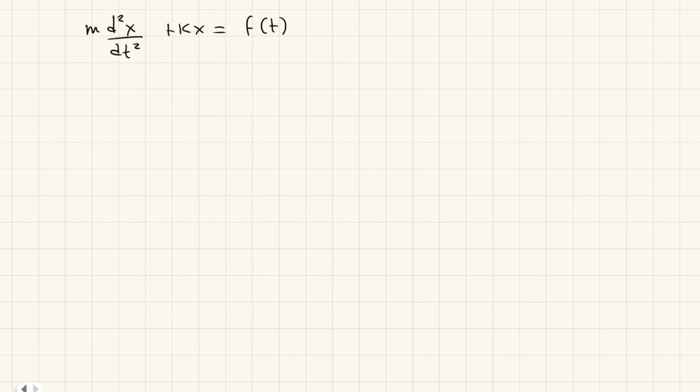We are going to introduce an example of a function f of t that will be useful to solve the differential equation through the Fourier series. We are going to establish that this is going to be from negative pi to pi here, and we are going to draw the graph of the function.